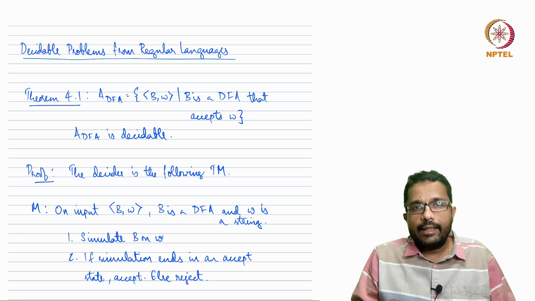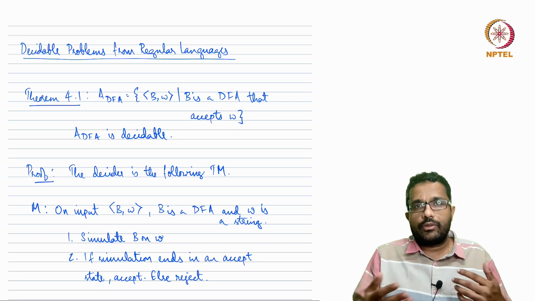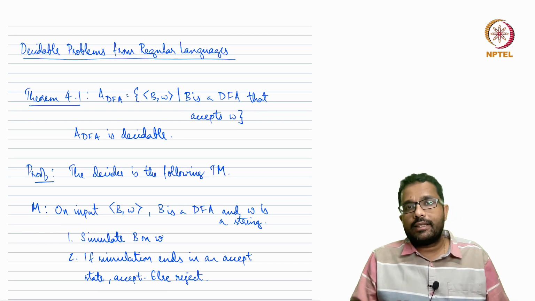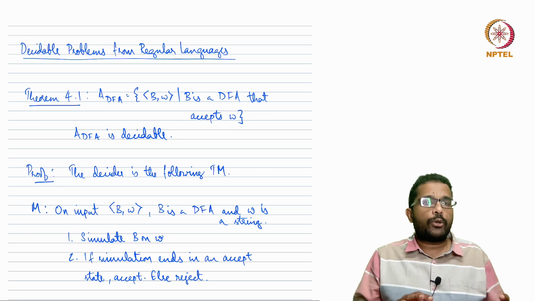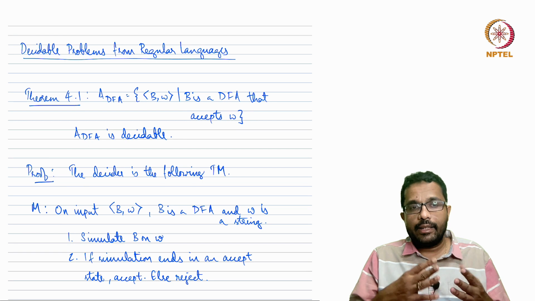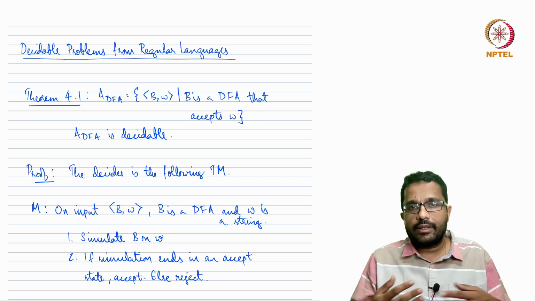Towards that end, in this lecture, we will start with some languages, and you can visualize them as problems. These problems will be based on other computational models that we have seen so far. First we will see problems based on DFAs, and then problems based on NFAs, regular expressions, context-free grammars, and so on.